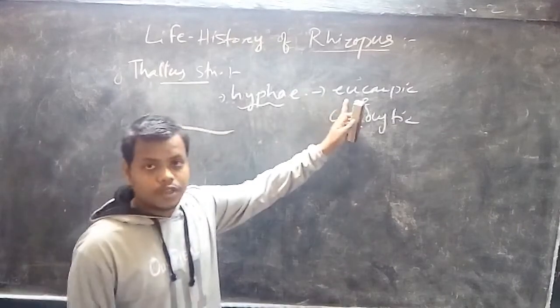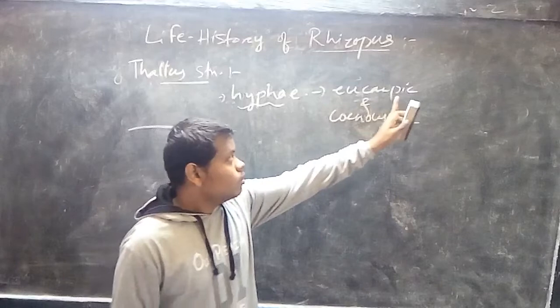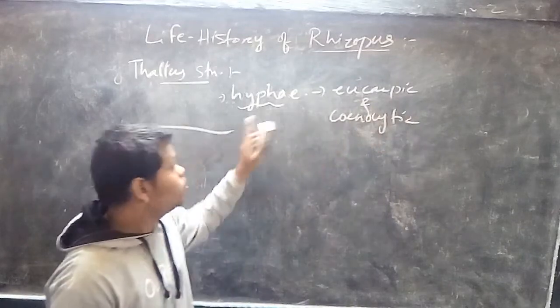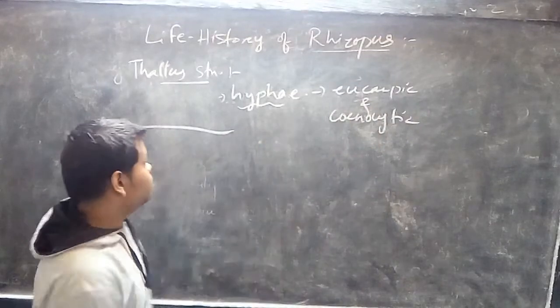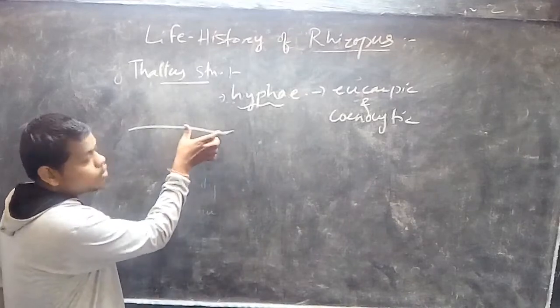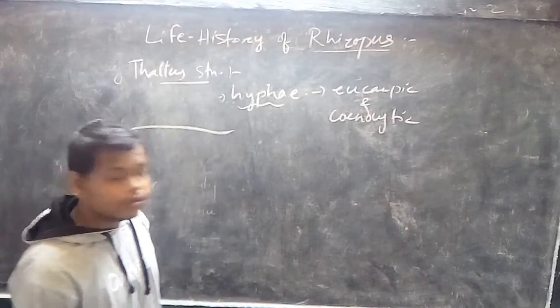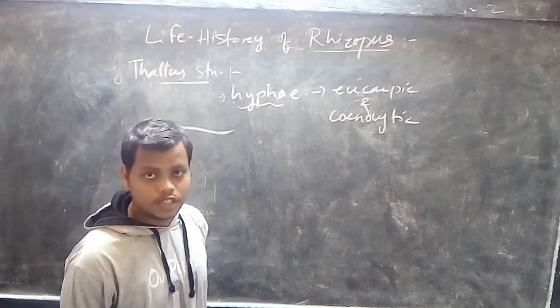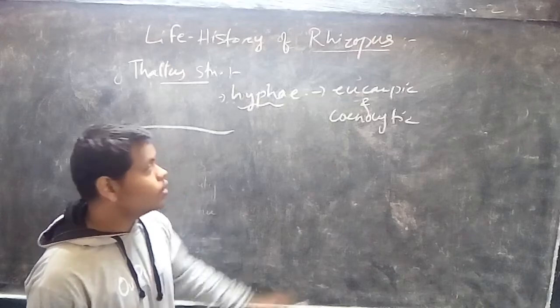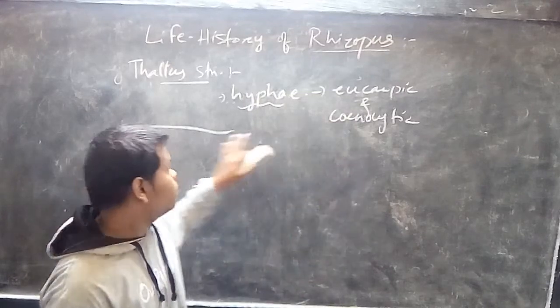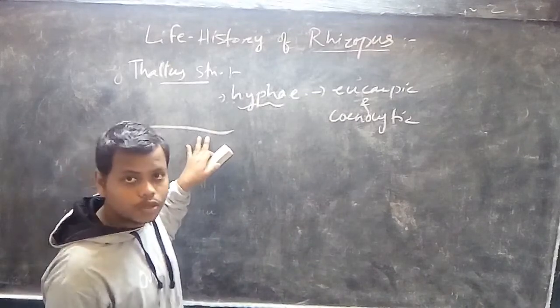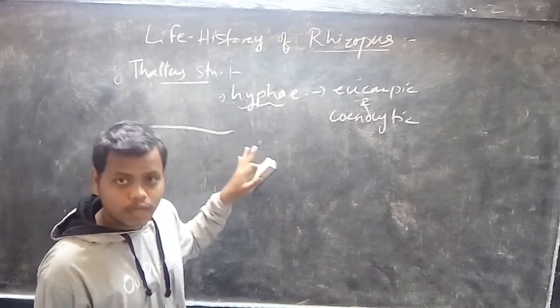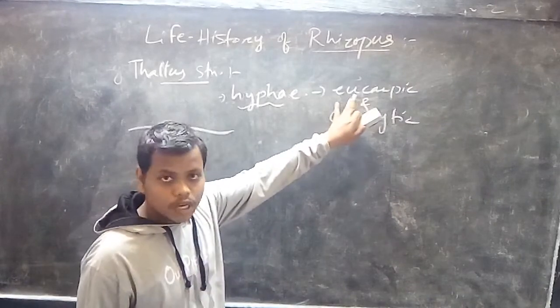These are eucarpic. Eucarpic refers to those thallus or hyphae where a part of the hyphae is developed into a spore producing body, or sporangium. Where a part of the thallus is developed into a spore bearing body or sporangium, that is called eucarpic.